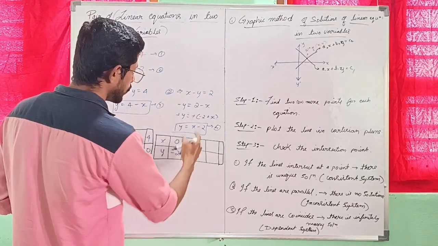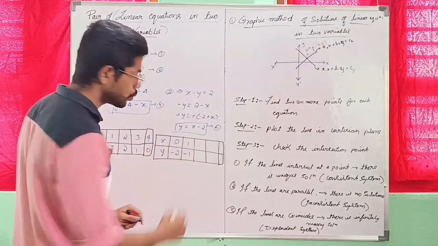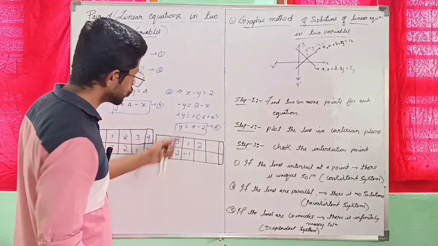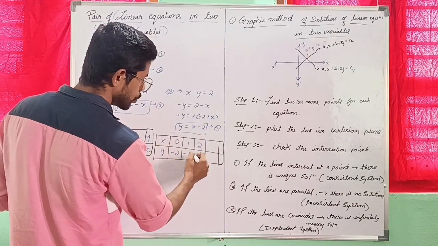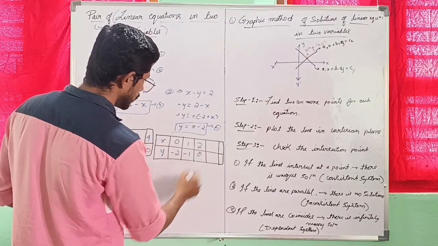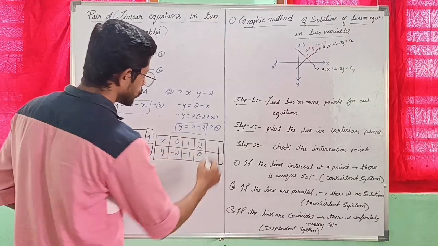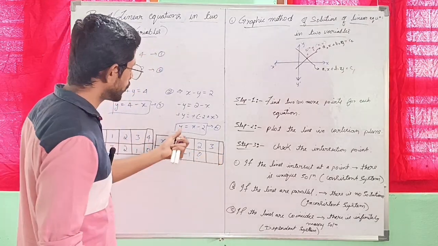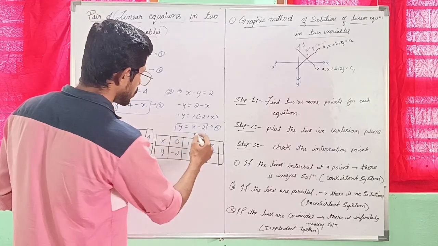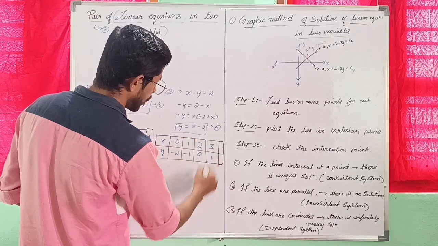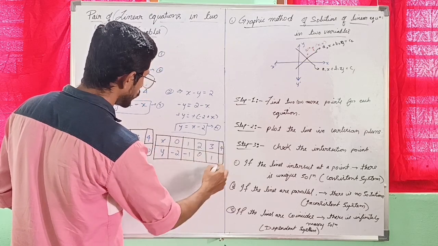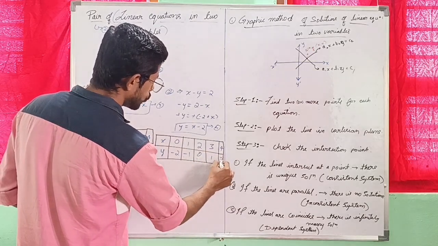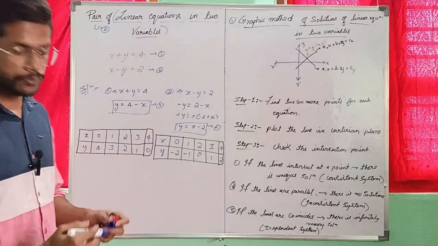When x is equal to 2, y is 2 minus 2, which is 0. When x is equal to 3, y is 3 minus 2, which is 1. And when x is equal to 4, the y value is 2, right?